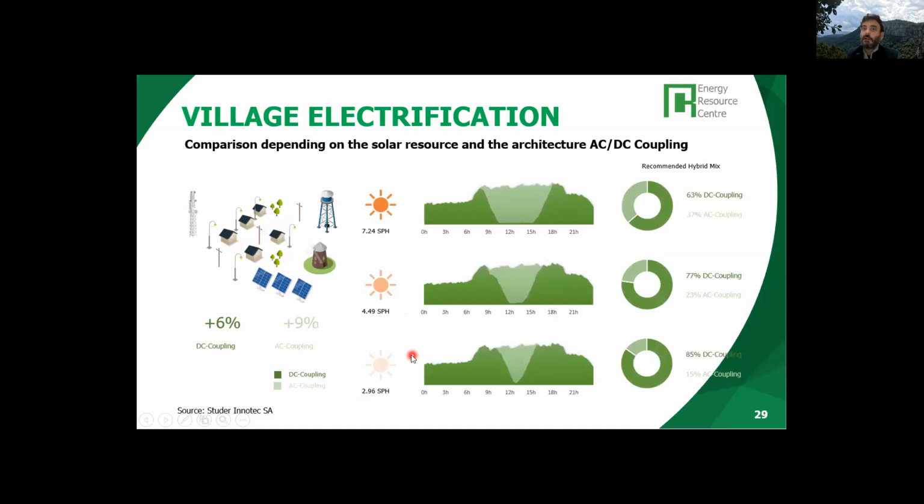The same thing happens when we have a village electrification model. Again, depending on the levels of radiation we find in the community and the load profile, the recommended coupling mix will be different.